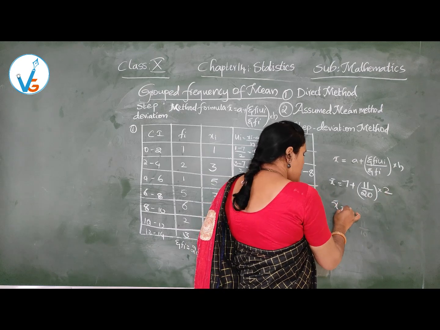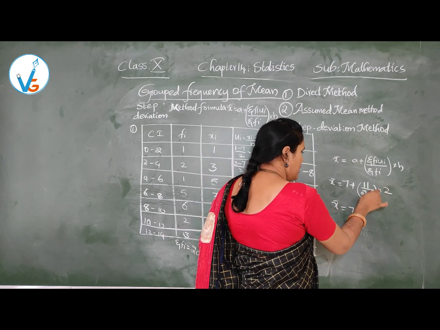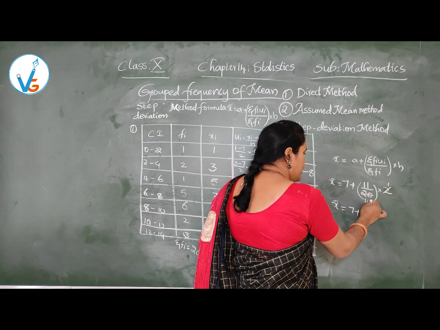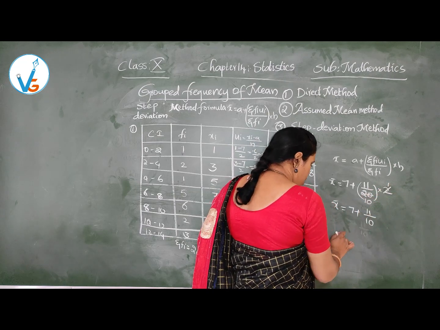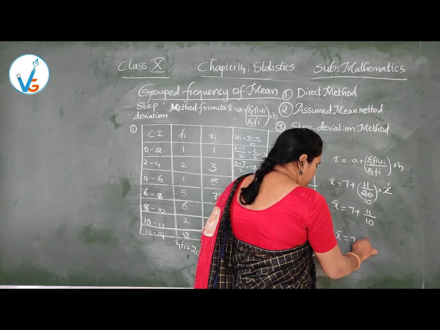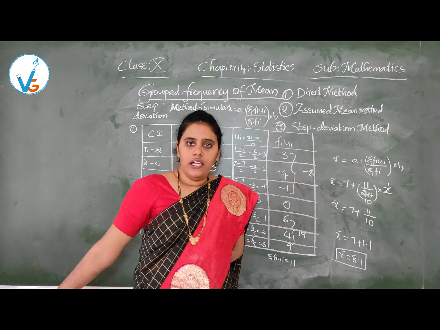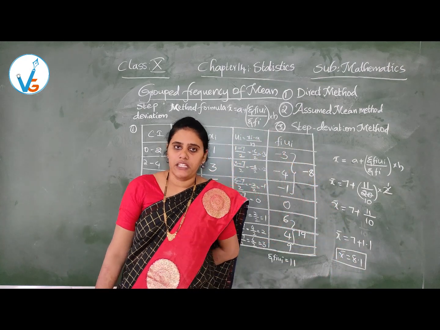Next you will get X bar is equal to 7 plus, here you can cancel it with 2 table, 2 ones are, 2 tens are, then you will get here 11 by 10. X bar is equal to 7 plus 1.1, X bar is equal to 8.1. It is the answer in the step deviation method.